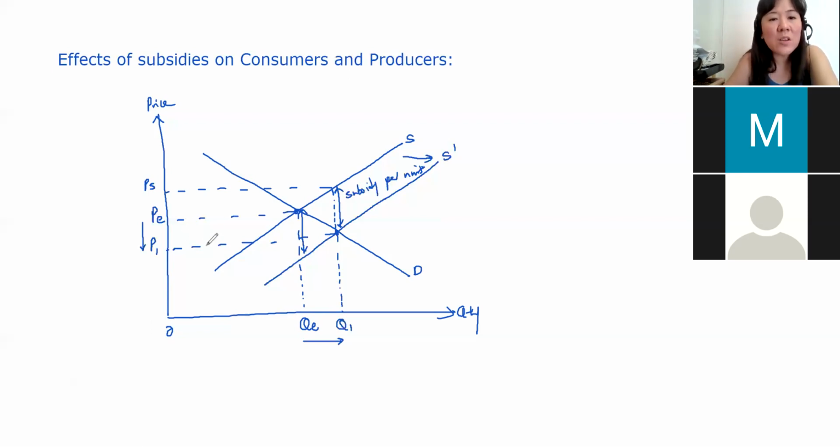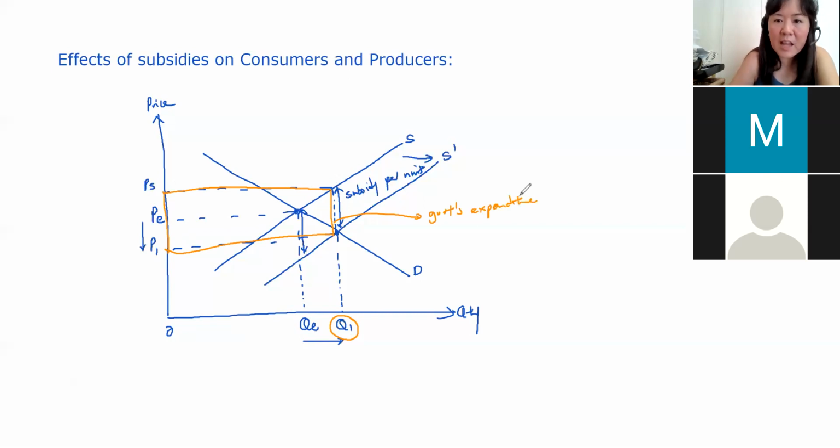When we talk about the subsidy per unit of the good, and of course the quantity transacted is Q1, the subsidy per unit multiplied by the amount transacted, Q1, gives this area here, the orange rectangle, which is the government's expenditure.